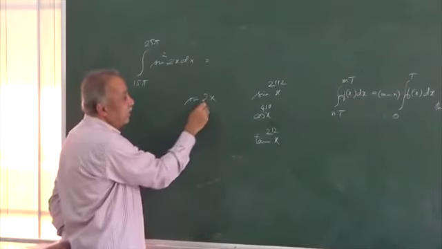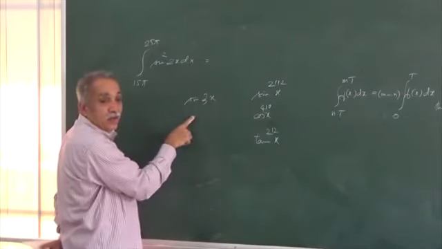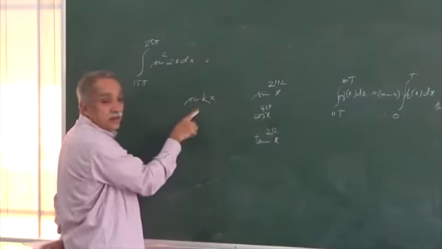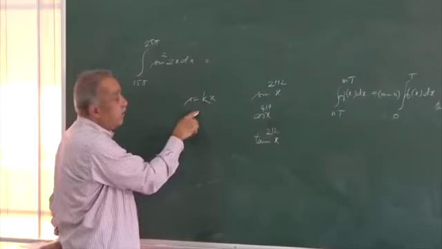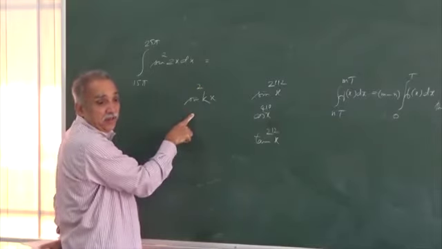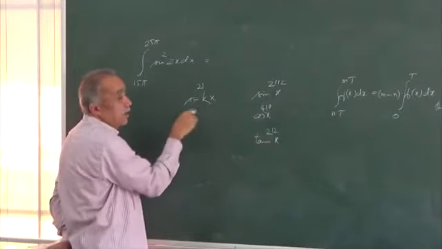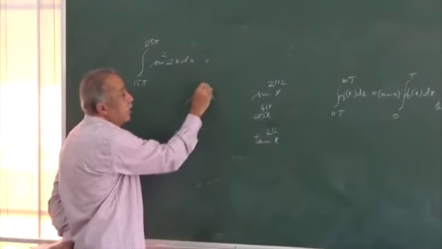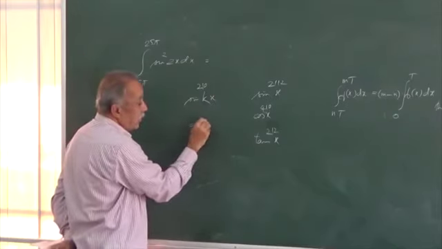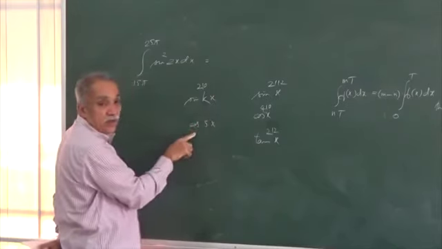Pi. 2 pi by 3. 2 pi by k. Pi by k. Two pi by 5?